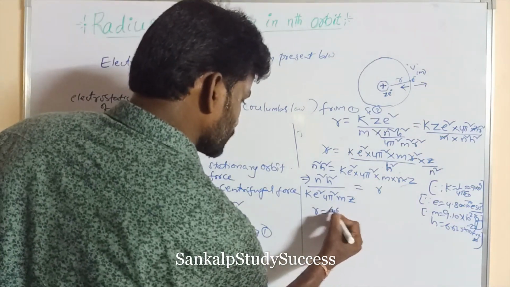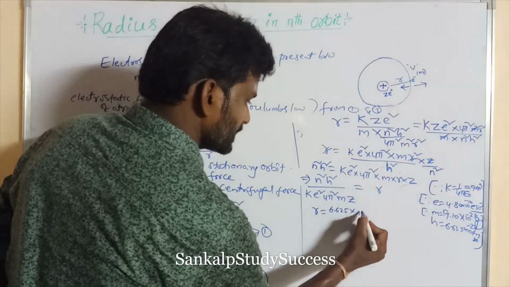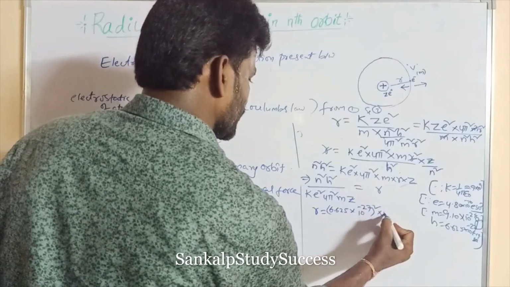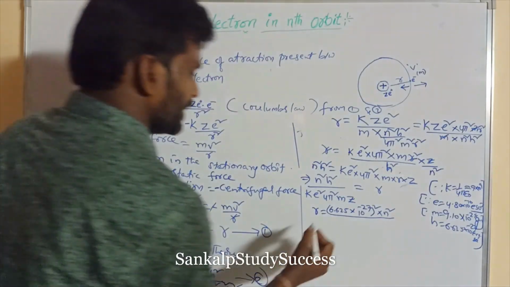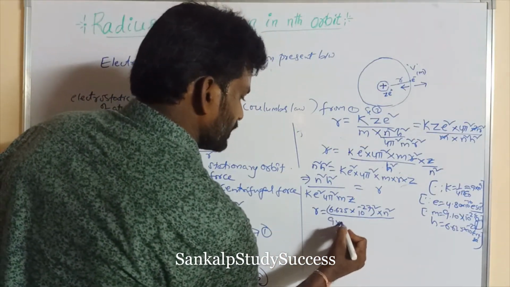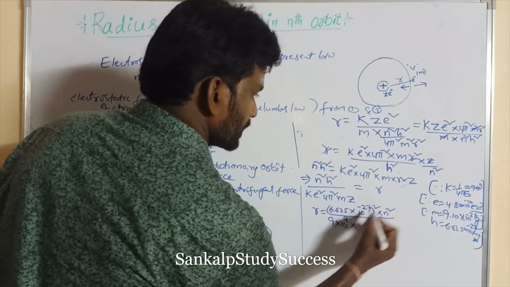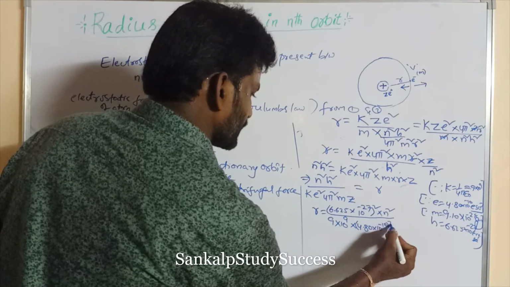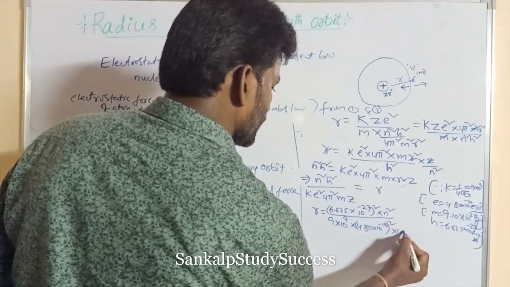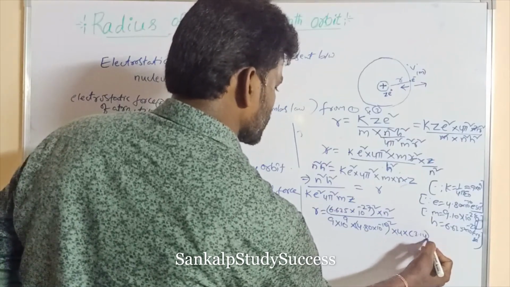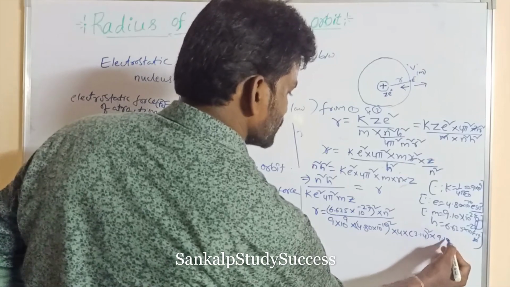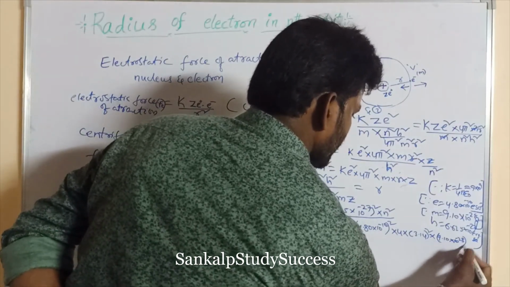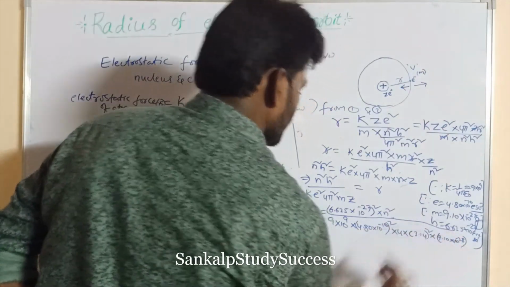So 6.625 into 10 to the power of minus 27 erg second whole square into n square by k value, which is 9 into 10 to the power of 9, into charge of electron 4.80 into 10 to the power of minus 10 square, into 4 into pi value 3.14 square, mass of electron 9.10 into 10 to the power of minus 28, into Z.